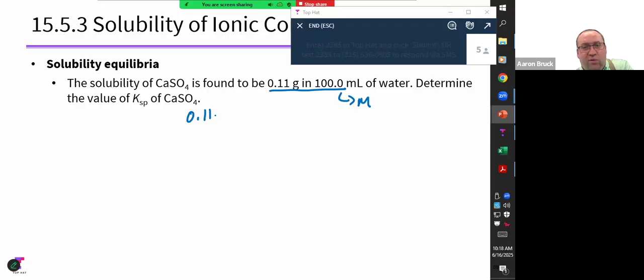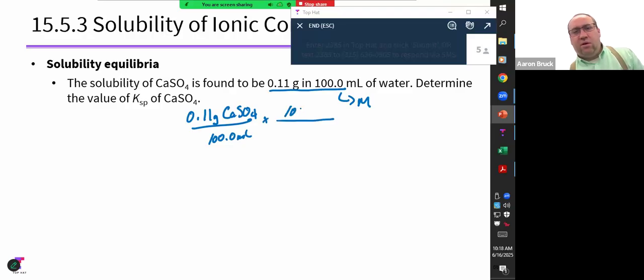So if I have 0.11 grams of calcium sulfate in 100 milliliters of water, to turn that into molarity, I want to turn the milliliters into liters. So a simple conversion there would suffice.